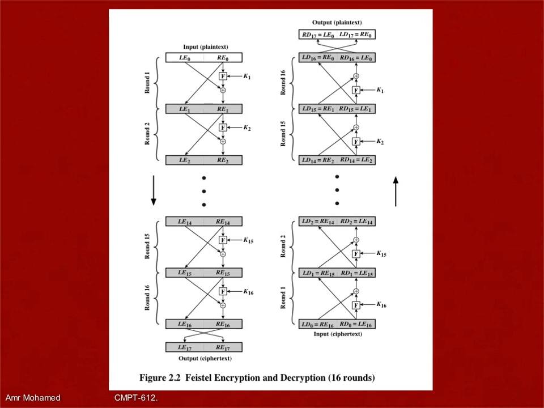We'll explain what that means, in 16 different rounds. NIST recommended this Feistel structure to the public community. They said that this structure seems to have very strong behavior, which is very hard to break. This is the recommendation from NIST.